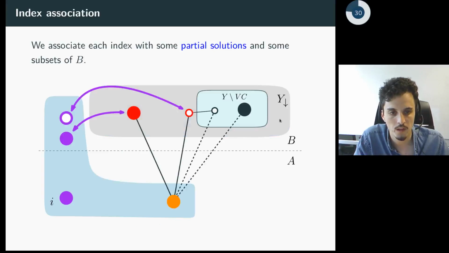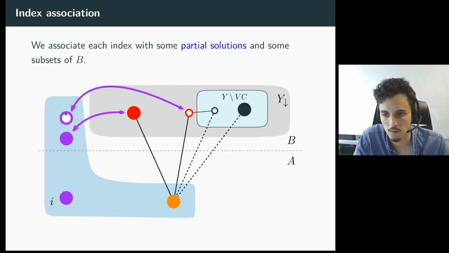On the other side, we say that a subset Y is associated with I if we can construct Y in some way such that we can map the representatives of the vertex cover to some vertex here. And we also keep the information that this vertex is in S, so this vertex should be in S. And we require also that the vertices that are not mapped to the vertex cover have no neighbors in the representative, the orange representative here.